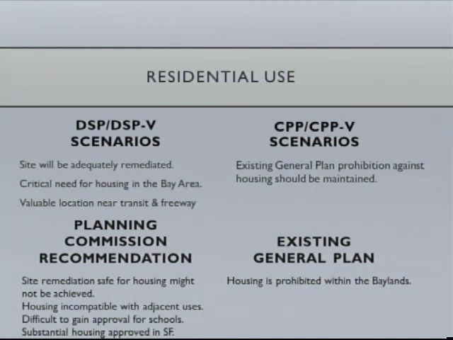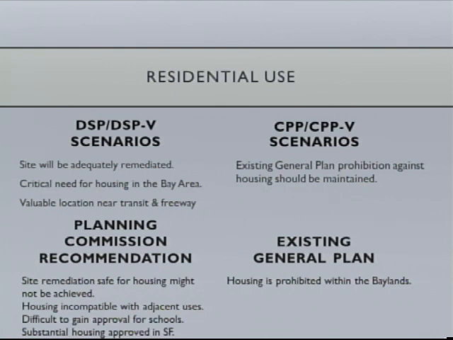In the CPP scenarios, those were based on maintaining the existing general plan prohibition against housing, which is obviously the existing general plan. In the Planning Commission's recommendation, they looked at site remediation for housing within the rail yard, which might not be achieved for residential use, and that housing would be incompatible with adjacent uses such as Recology.